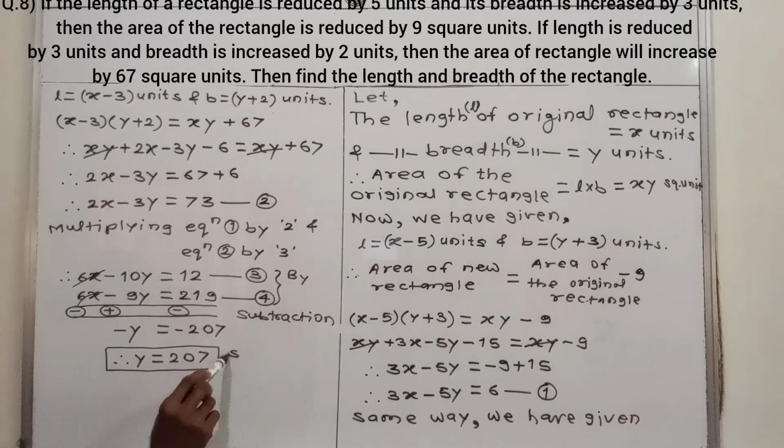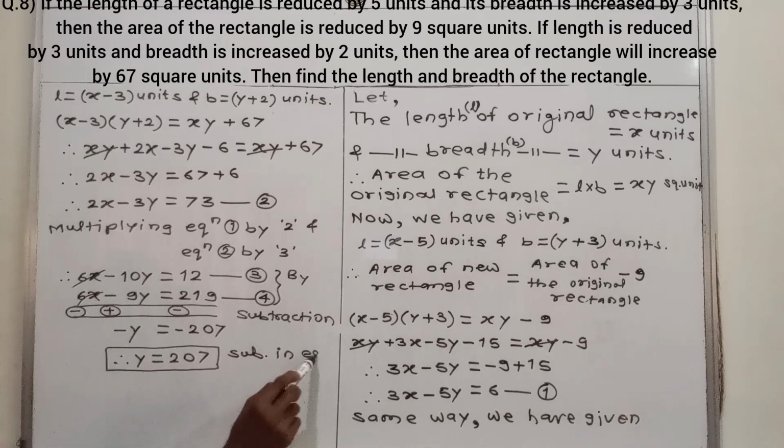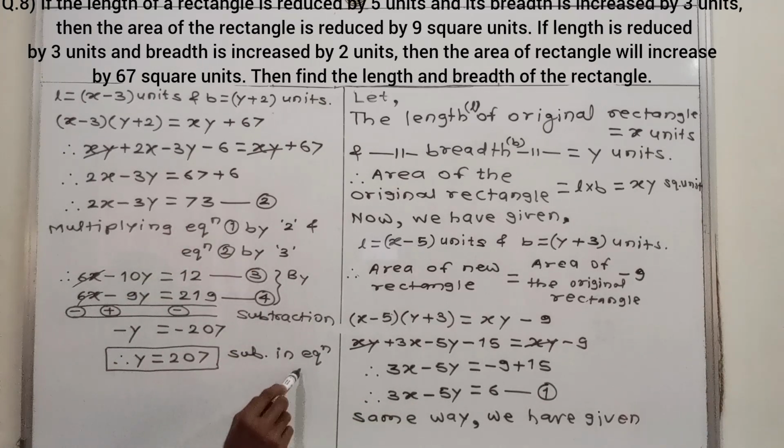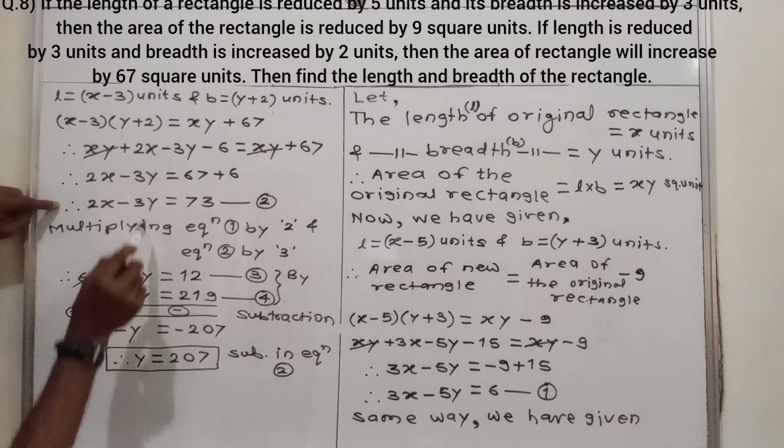Okay, substituting in a simple equation, this or this, take any one. In equation we write equation 2. Therefore, see here, this is our equation number 2. We put the value of y.